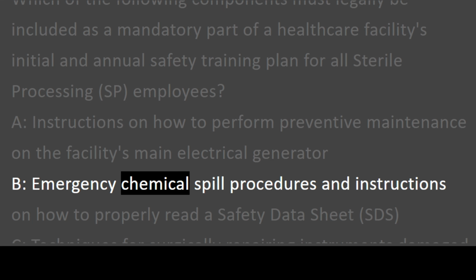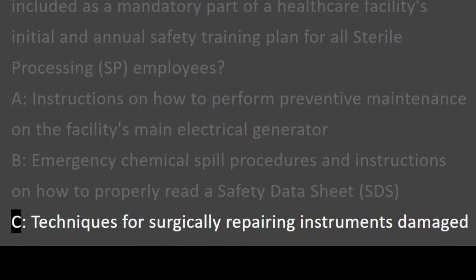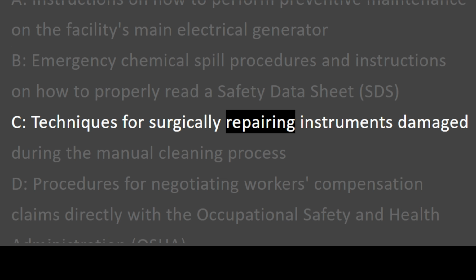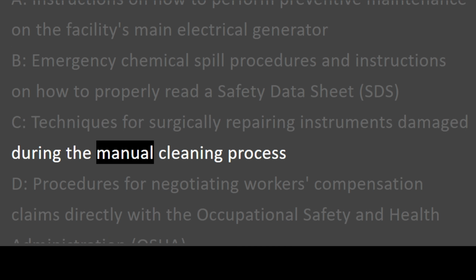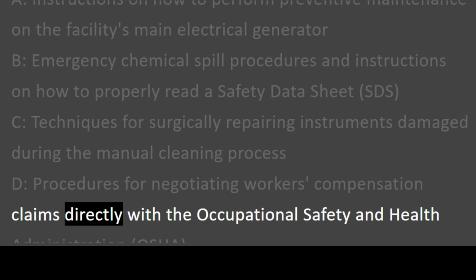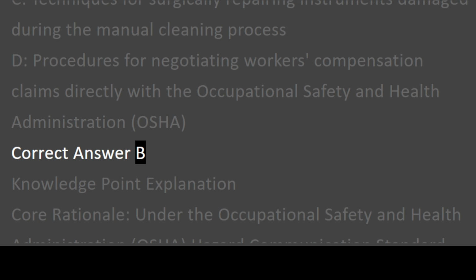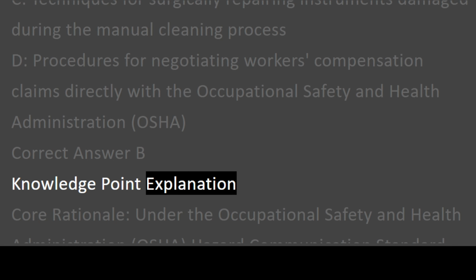B. Emergency chemical spill procedures and instructions on how to properly read a safety data sheet, SDS. C. Techniques for surgically repairing instruments damaged during the manual cleaning process. D. Procedures for negotiating workers' compensation claims directly with the Occupational Safety and Health Administration, OSHA. Correct answer B.